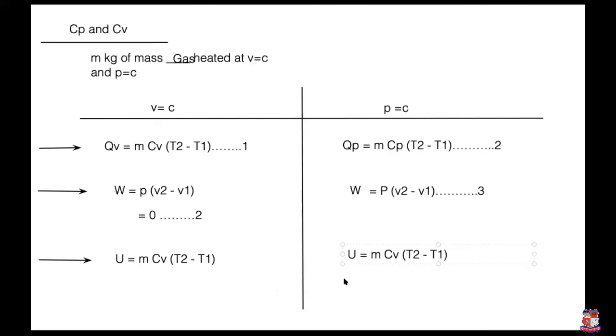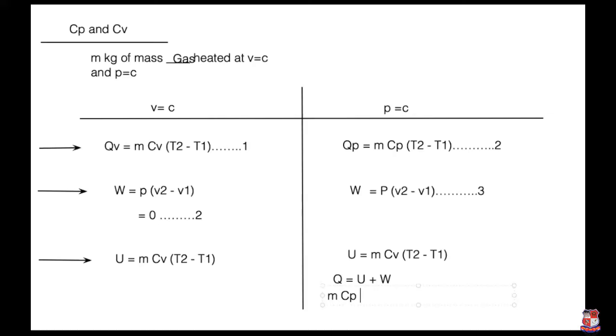Now if I bifurcate the things in constant pressure, then here I write down, according to first law, what is Q? Q is equal to U plus W, right? So put the value of U and W into this equation. So what is Q? Means what is QP? So here I write down all the things in one line.